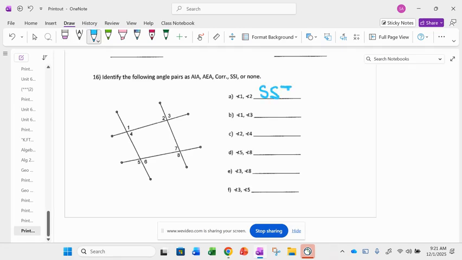Sebastian, what kinds of angles are 1 and 3? It is good. Jack, what kinds of angles are 2 and 4? You got it. Jonah, what kinds of angles are 5 and 8? You got it.